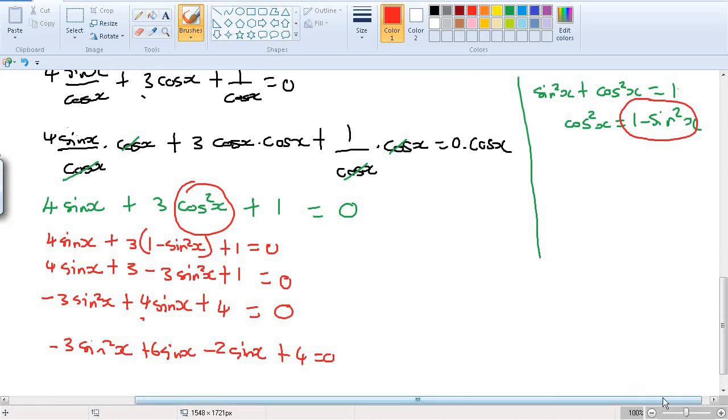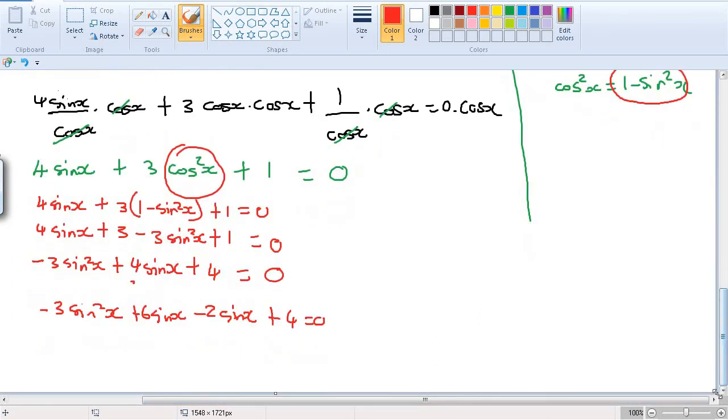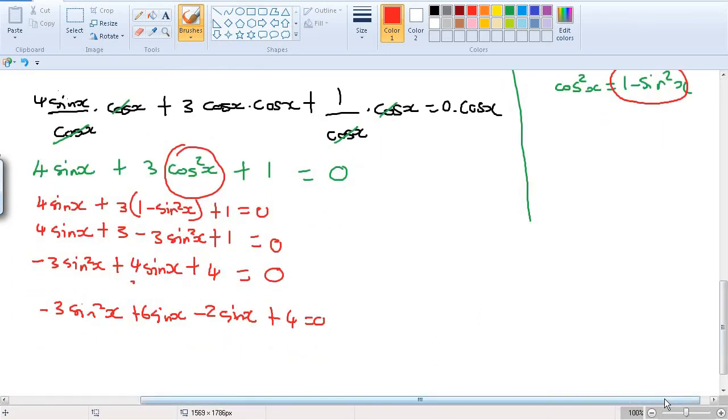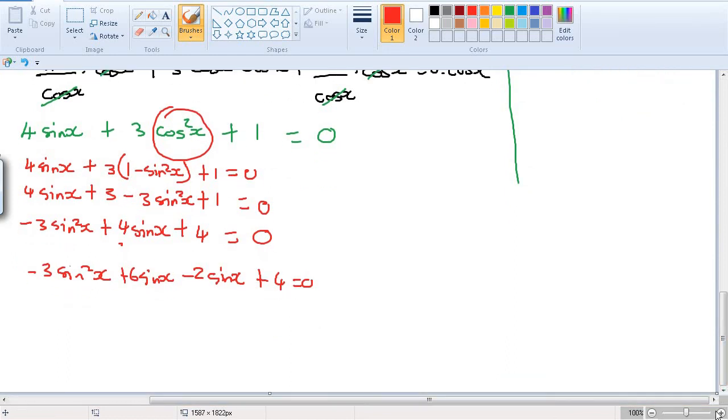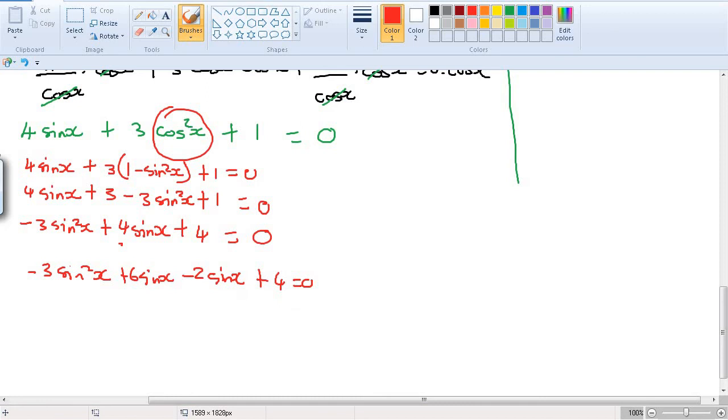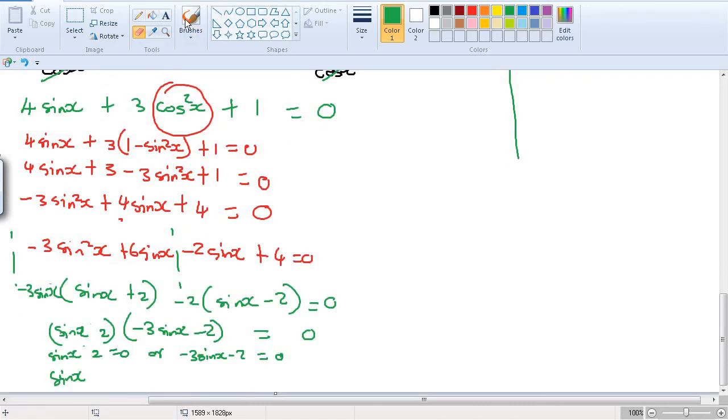Now the next step from here is to break this up and factor it out. So we're going to factor out, and this becomes a minus 2.